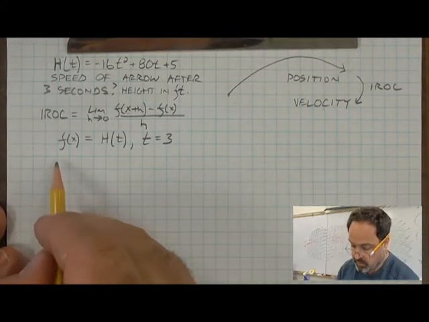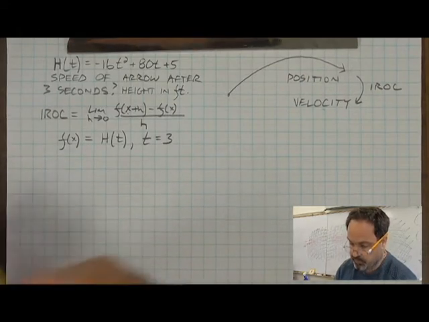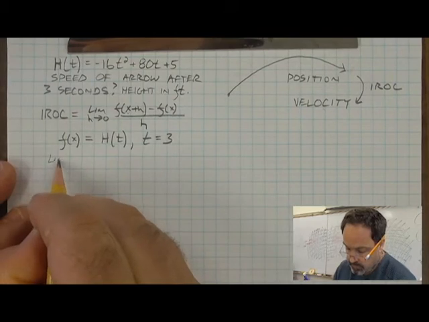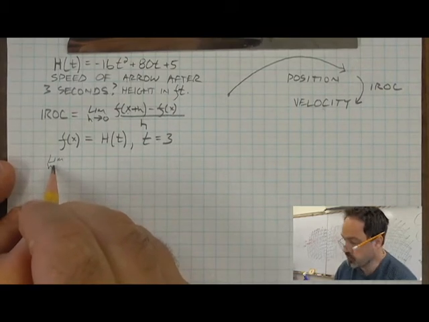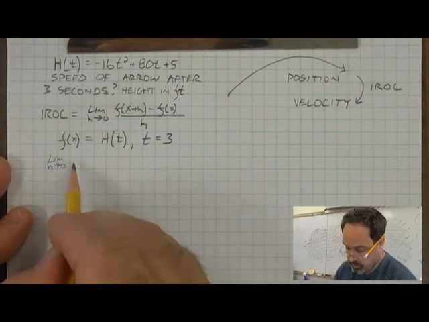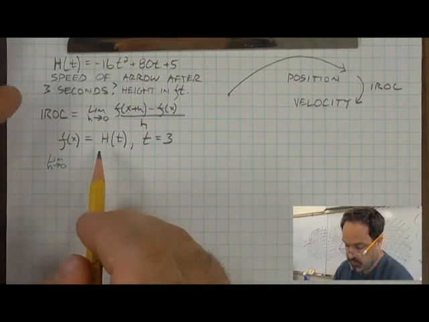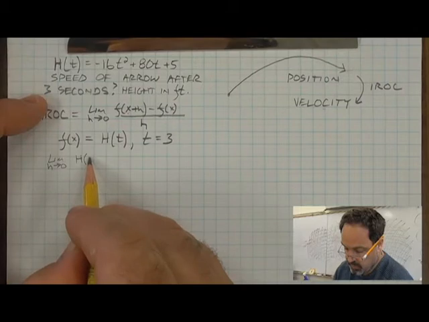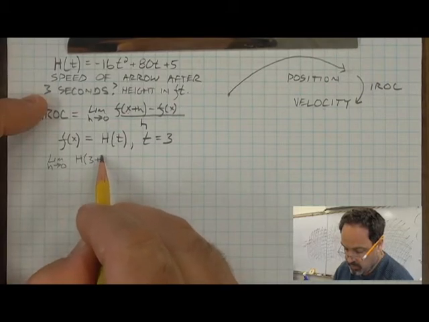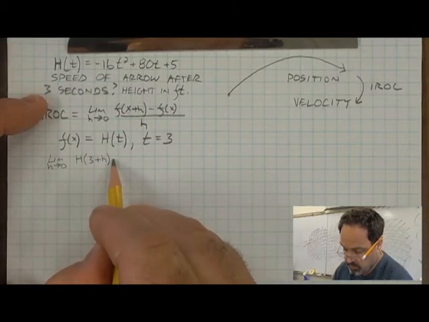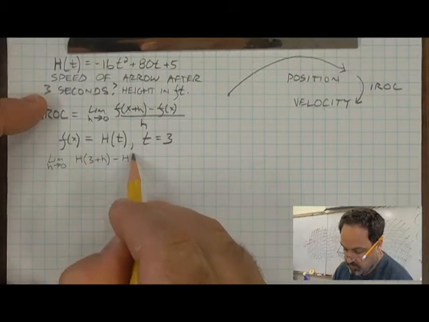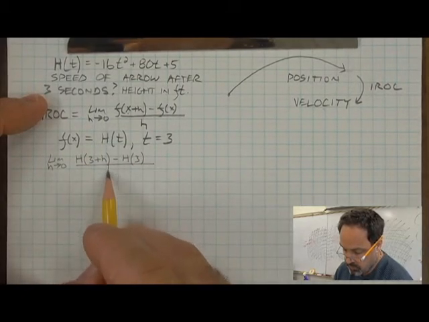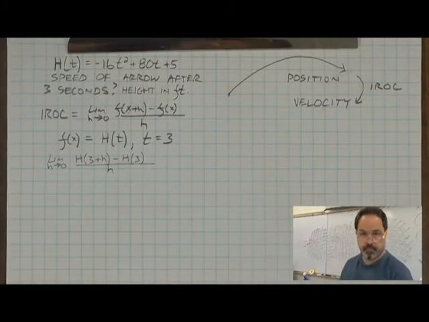I'm going to continue with this and write the general expression. The limit as h approaches 0 of capital H evaluated at 3 plus lowercase h minus the function evaluated at 3 all over lowercase h.